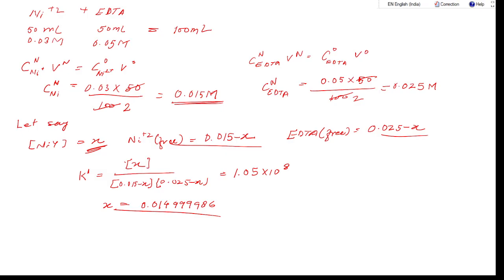Don't round it off, because if you round it off, it is going to give you 0.015, and when you subtract it from this value, you are going to get 0, but here the value is not 0, so put the value as it is.